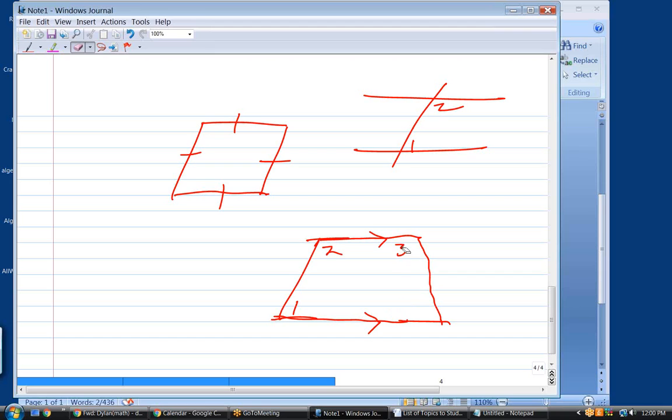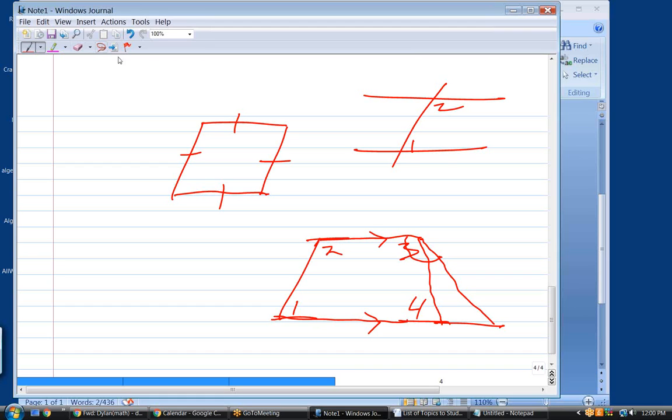In other words, let's say somebody came to you and said, well, 1's equal to 3 because it's a trapezoid. Well, I can change angle 3 really easy. I can make a trapezoid like that where now that's angle 3 and it's clearly not equal to 1. And in fact, it can't have any relationship to 1 because I changed 3 and I didn't change 1.